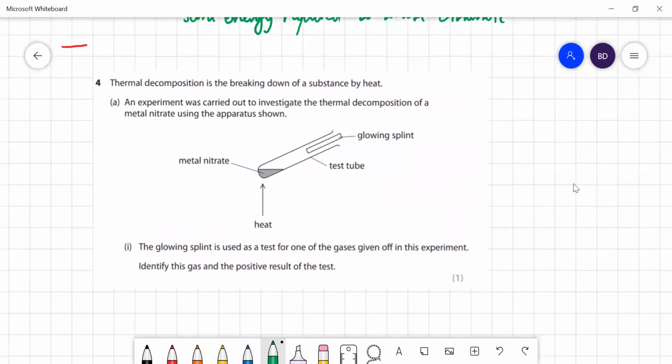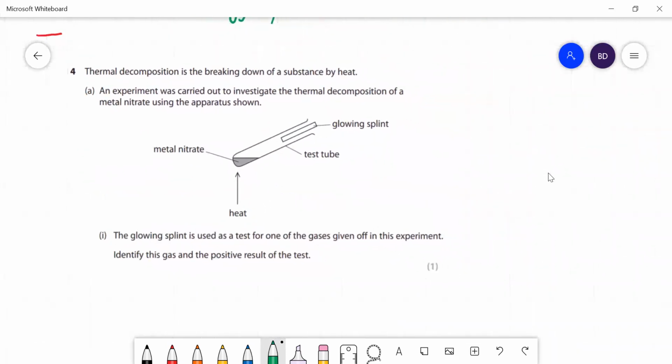Okay, question 4, thermal decomposition of a metal nitrate. Now, it doesn't tell us what kind of nitrate it is, what kind of metal it is. And of course, group 1 nitrates, like sodium nitrate, behave differently to group 2 nitrates and transition metal nitrates, which generally, so we're going to have that formula.